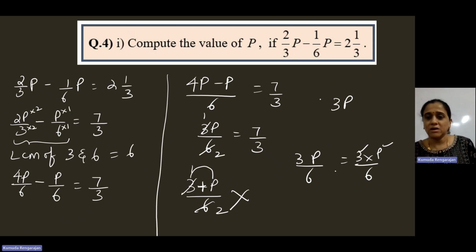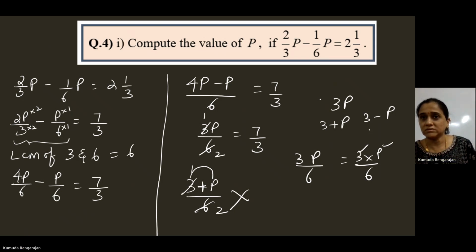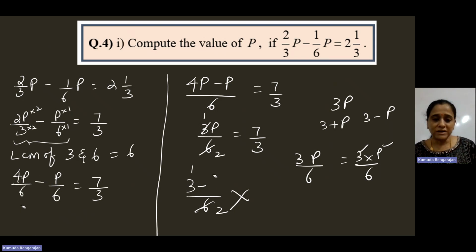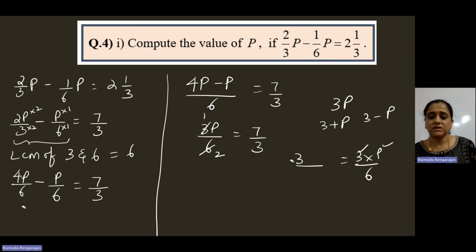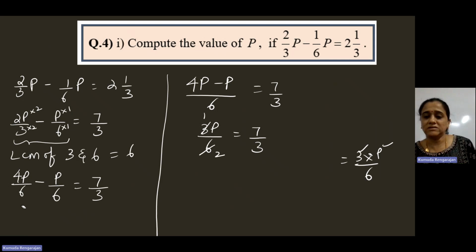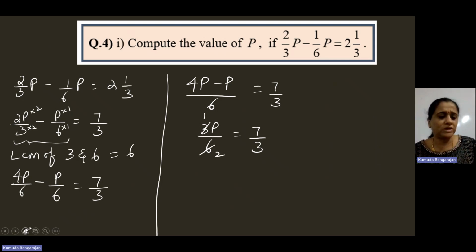But if it was 3 plus p or 3 minus p, then you cannot cancel 3 or p with something in the denominator. And it's multiplication, the terms are free. 3p, 3 into p. Yeah, you can take 3 from the numerator, 6 from the denominator, and cancel. 3 1s are, 3 2s are.